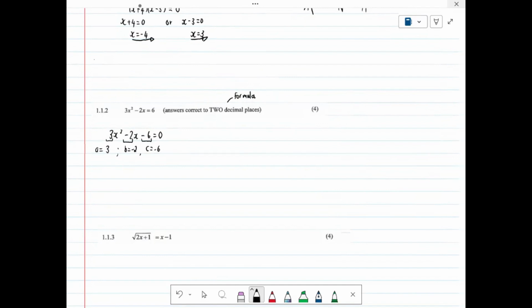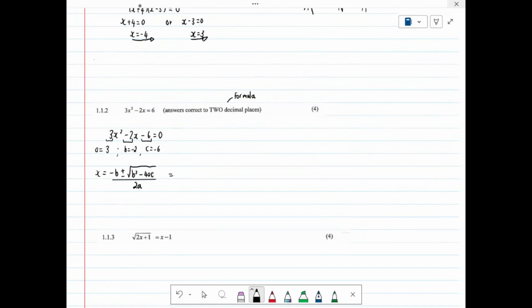Please make sure that you are taking the values with the sign. The quadratic formula is x is equal to minus b plus or minus the square root of b squared minus 4ac, all over 2a. You get the quadratic formula from your formula sheet, so there's no need to remember it. However, you will need to know how to use it.